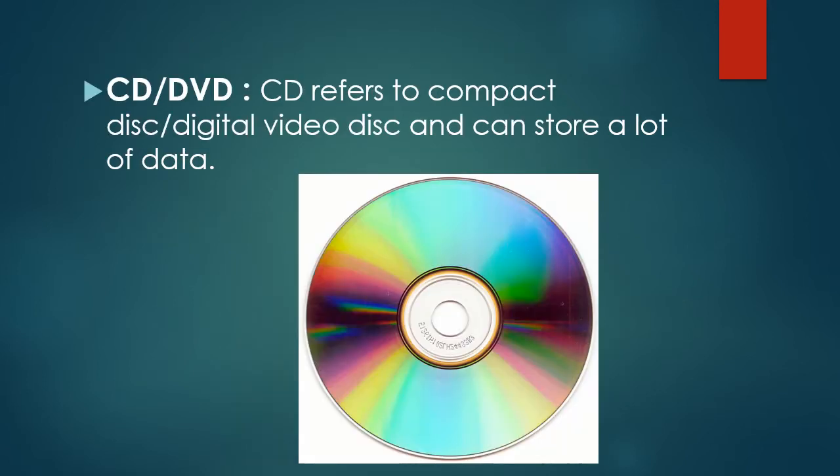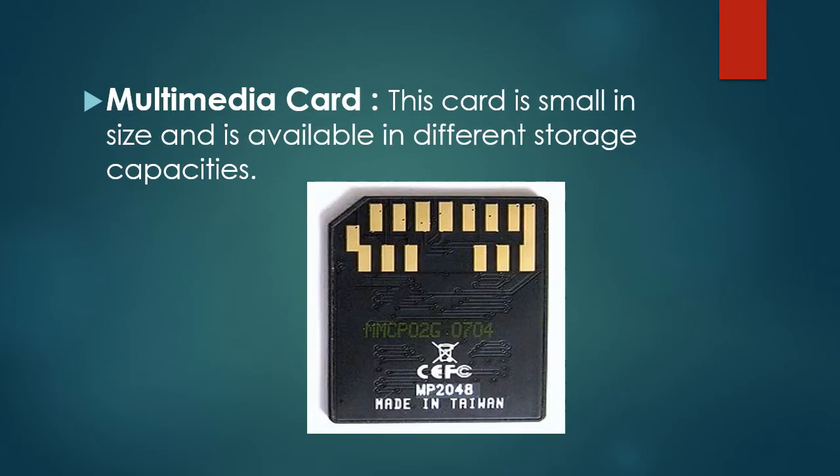Our next storage device is CD or DVD. CD refers to compact discs and DVD refers to digital video disc, and they can store a lot of data. Our next storage device is multimedia card.